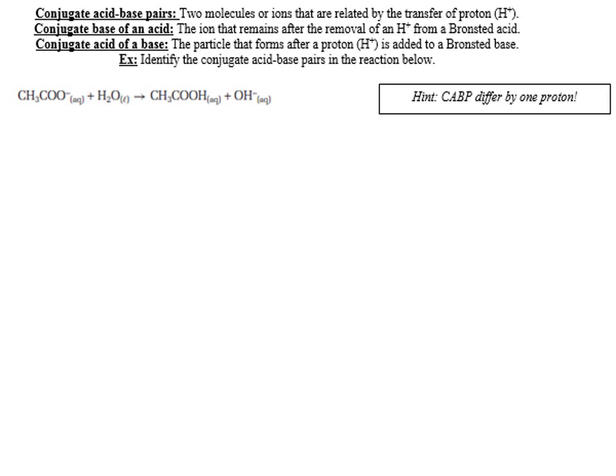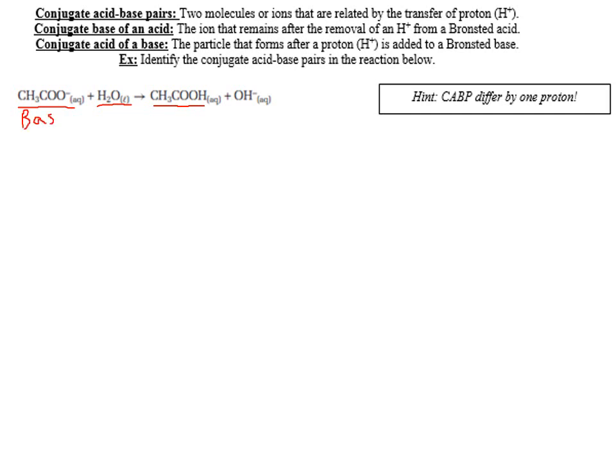So here we have an example of an acid-base reaction. You'll notice we have CH3COO minus plus H2O. So first you have to identify which is your acid and which is your base on the reactant side. So CH3COO minus becomes this one over here. So it gained an H. If it gained an H, that means that this was a base.